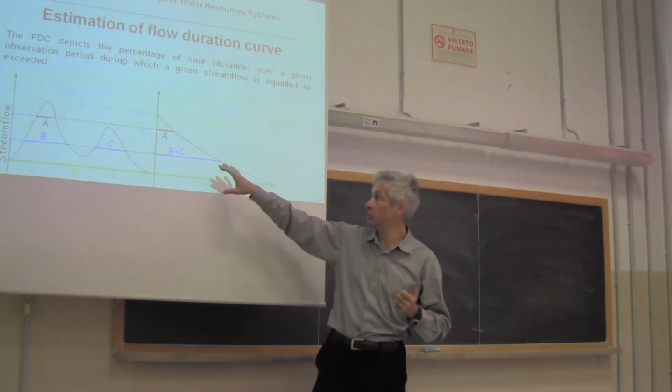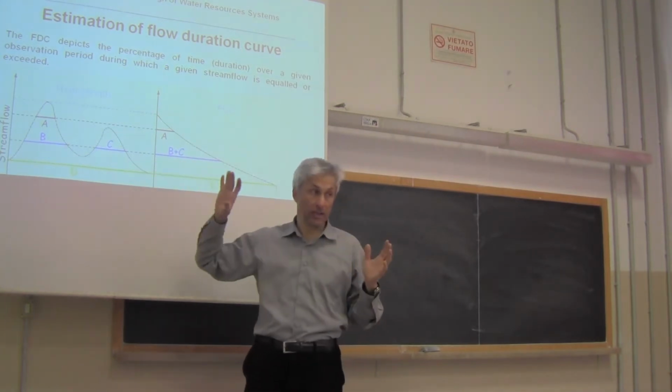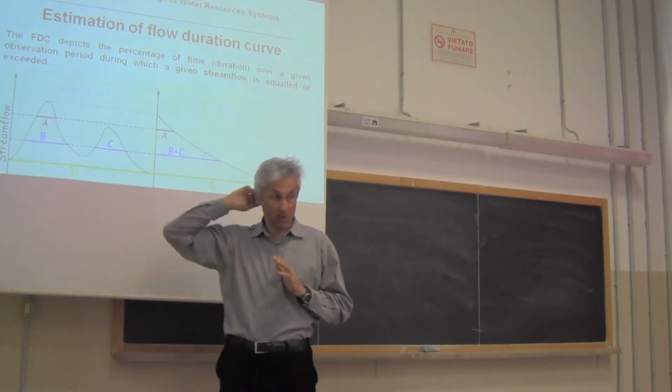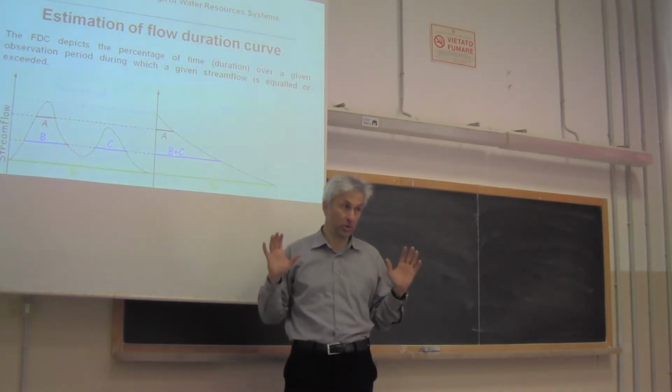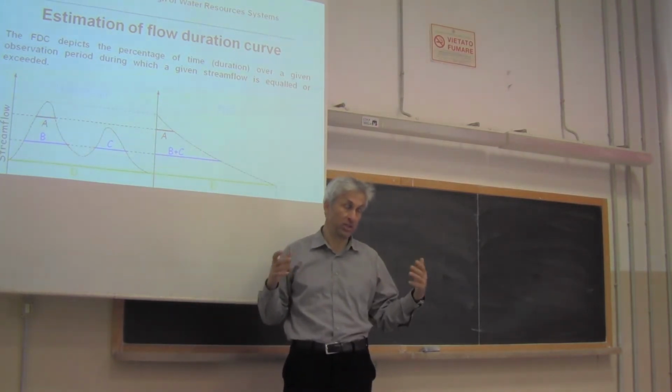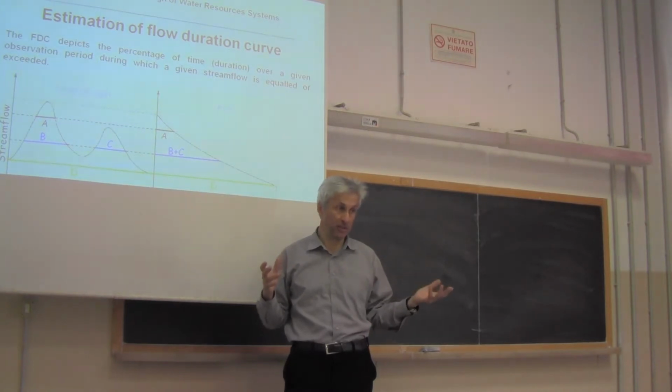I introduced to you what the flow duration curve is. Basically, I'm not sure I gave you the definition. In any case, I remind it. So the flow duration curve is a tool for assessing, we know that, water resources availability.